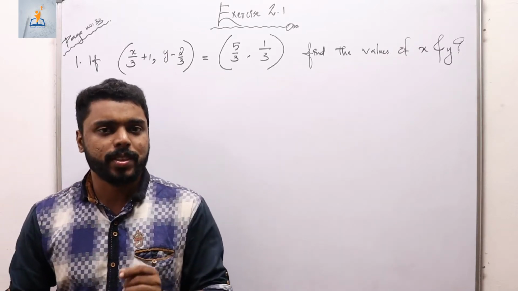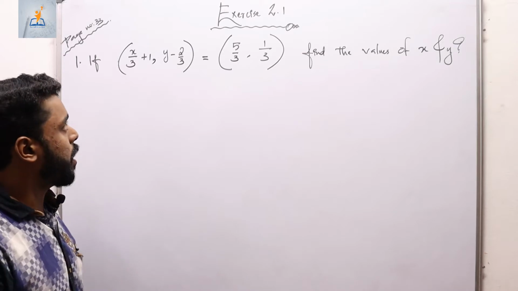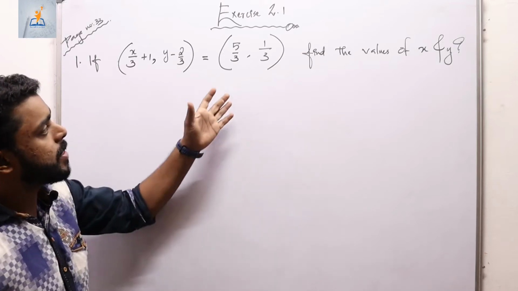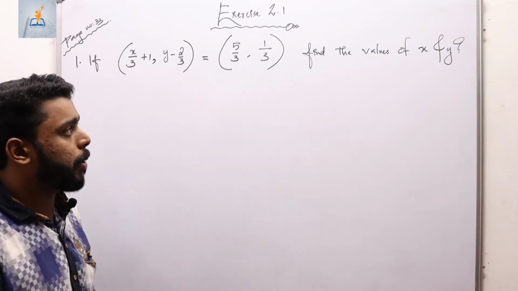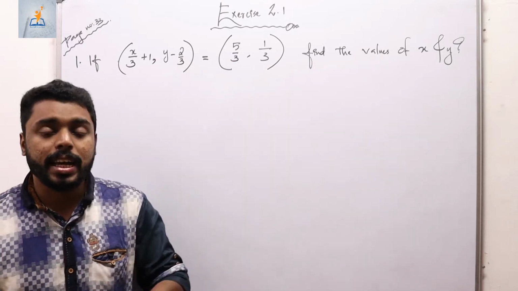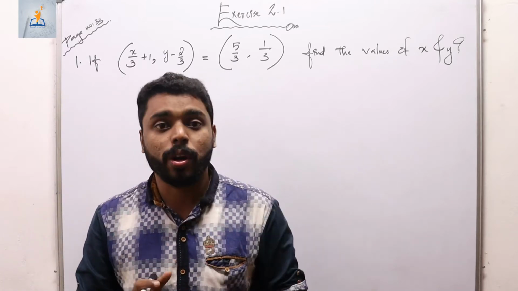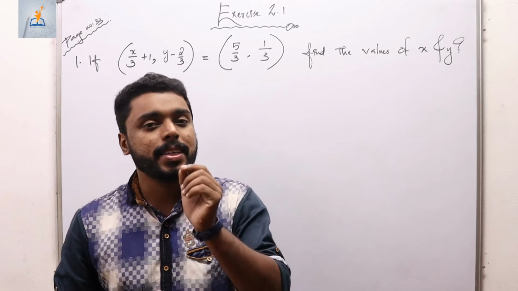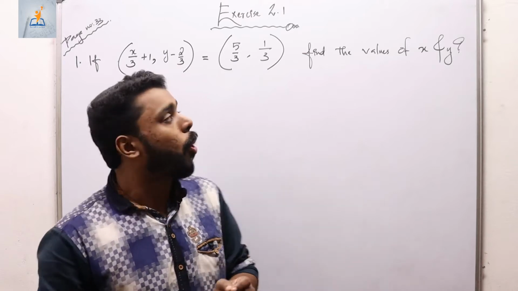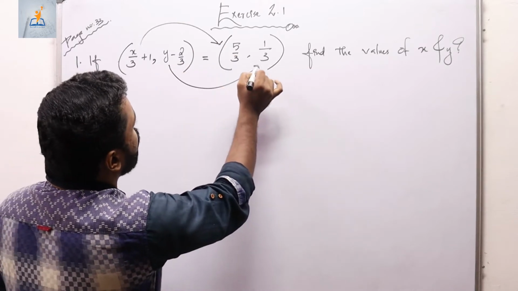Coming to the first question: if the ordered pair (x/3 + 1, y - 2/3) is equal to the ordered pair (5/3, 1/3), we have to find the values of x and y. We know that whenever we are given two ordered pairs, the ordered pairs are equal only if the corresponding elements in the ordered pairs are equal.